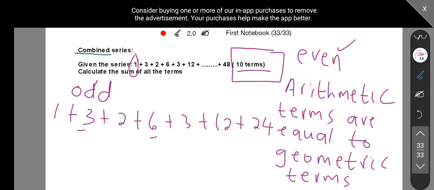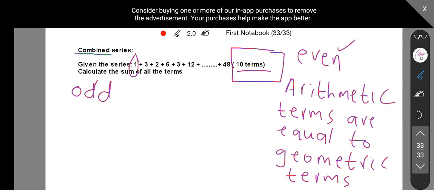Okay, so let me see if I've done everything correctly here. Let me rewrite the series. It's 1 plus 3 plus 2 plus 6 plus 3.